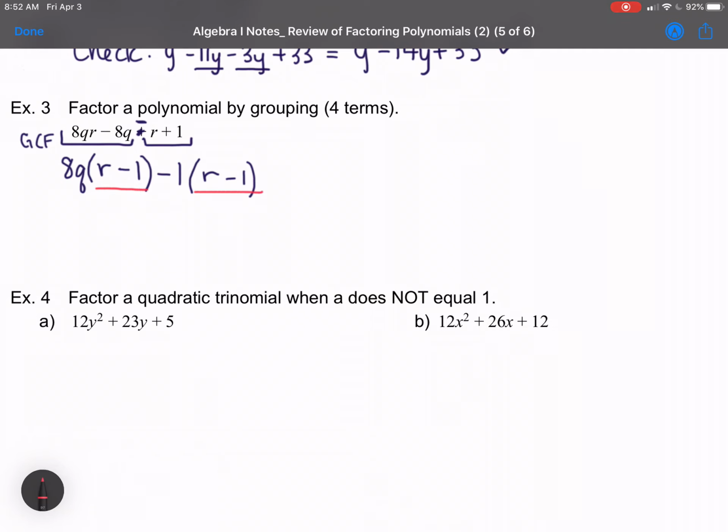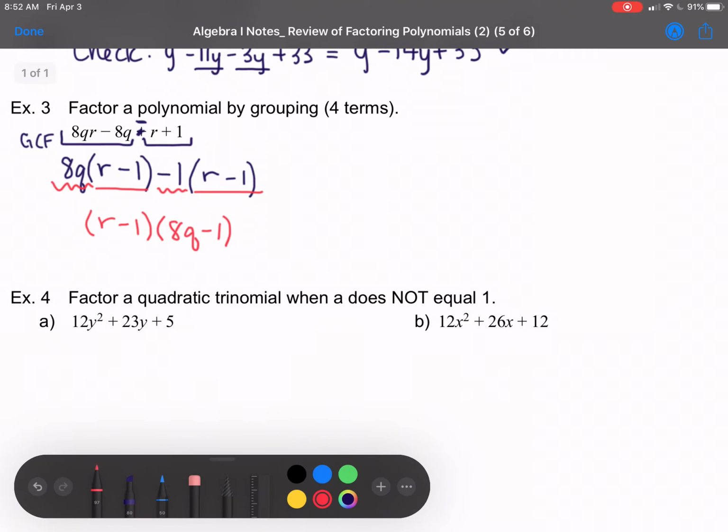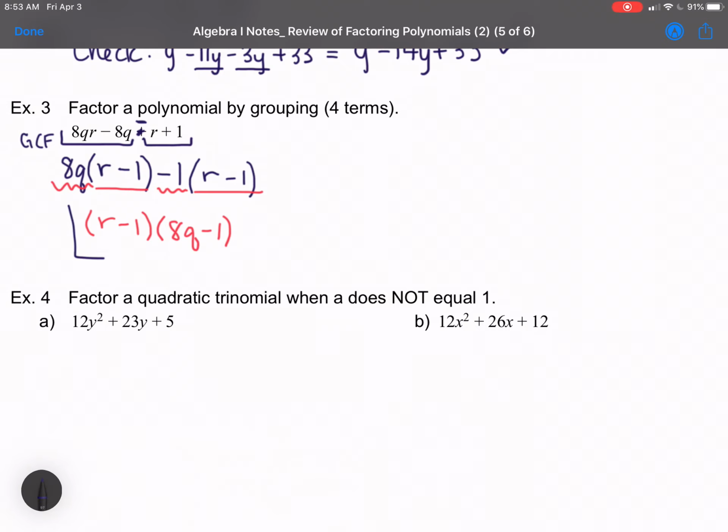Since the parentheses match, that can be one of our binomials. Then we take whatever's left on the outside, so 8Q minus 1 is another one of our binomials. So R minus 1 times the quantity 8Q minus 1 is our solution.